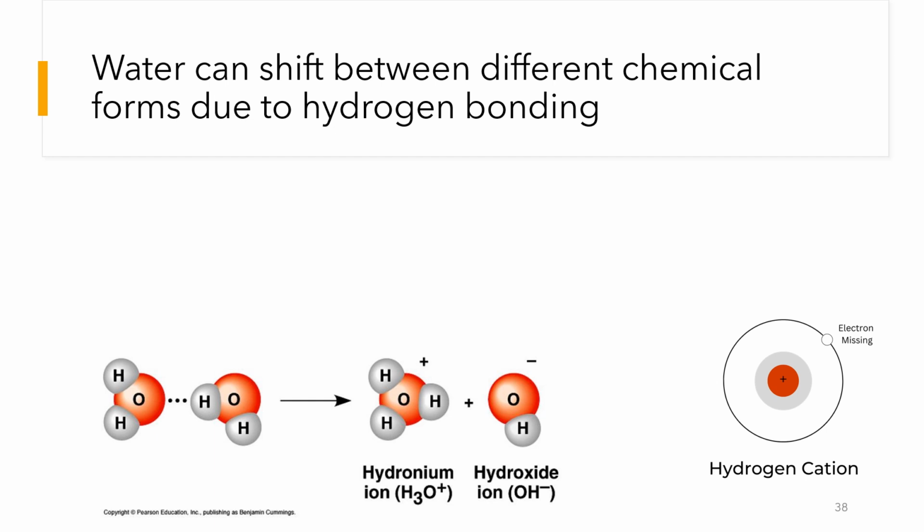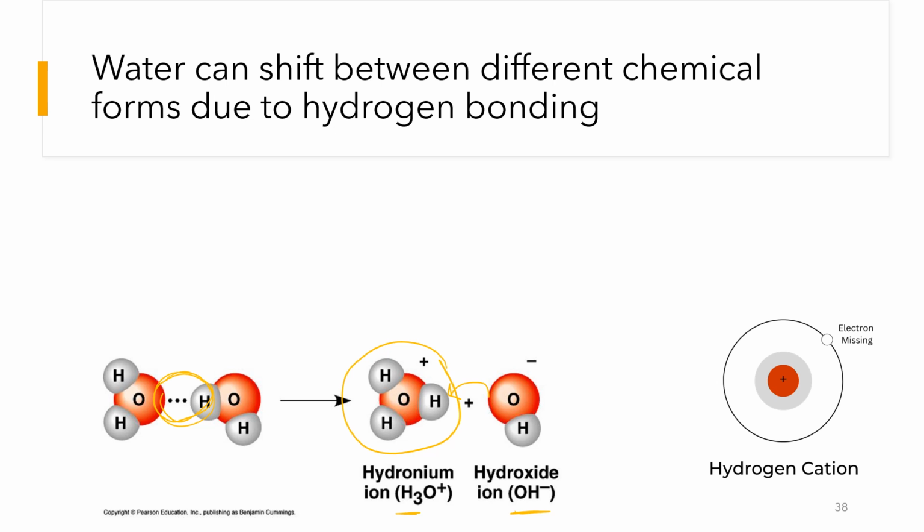Now, water, because of its ability to hydrogen bond, will often shift between different chemical forms. So basically, as it's hydrogen bonding, sometimes that attractive force of that hydrogen bond gets a little too strong, and that hydrogen pops off, and you end up with something called a hydronium ion, where you now have 3 hydrogens per 1 oxygen, and you're left over with a hydroxide ion of 1 oxygen, 1 hydrogen.